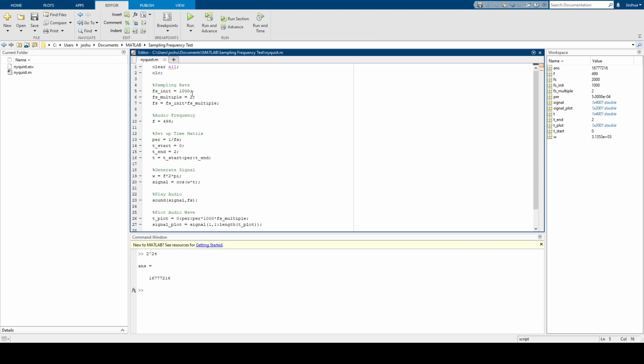I'm going to say our initial sampling frequency will be 1000, and I'll have the multiple there. So then our actual output sampling frequency stays at 1000. And then I'll put out a signal at half that. So Nyquist says the maximum frequency you can capture is half of the sampling frequency.